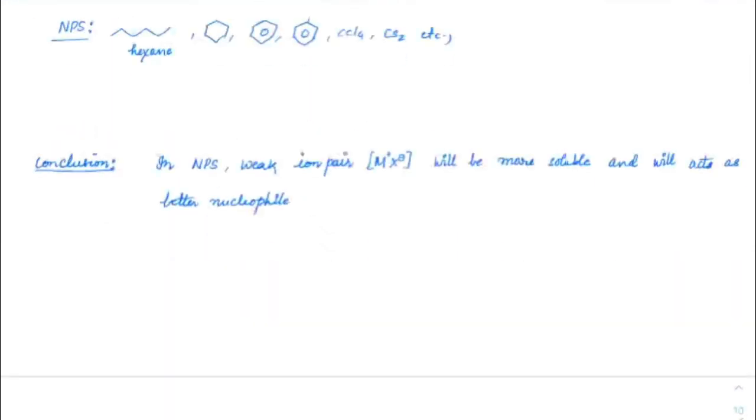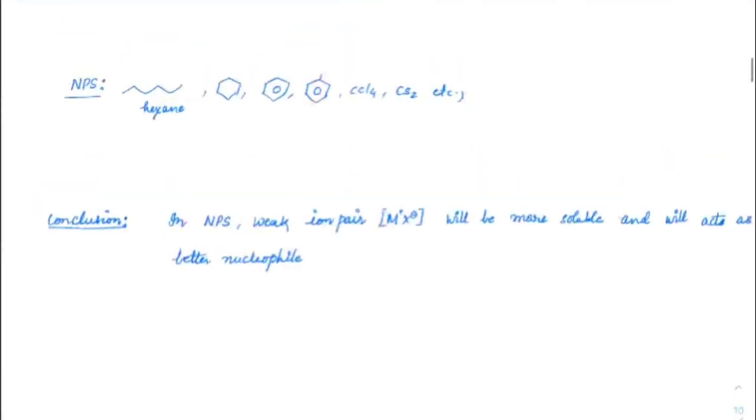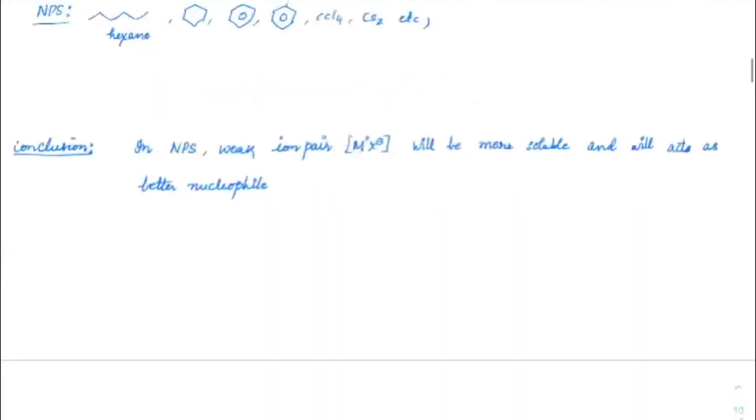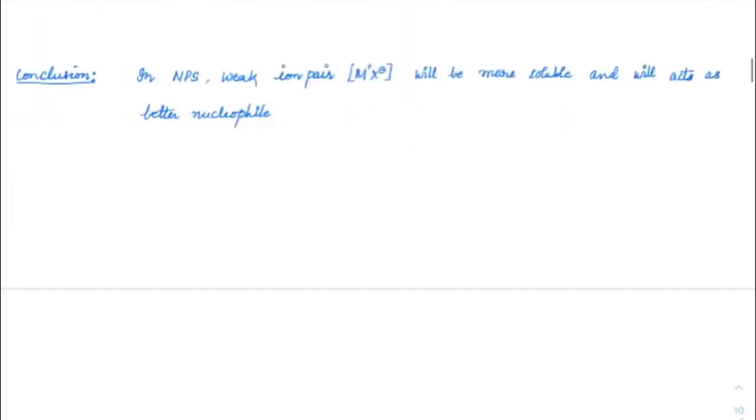But even though reactions might be slow, reactions might happen with slow rate. So what we can say is that in case of NPS, weak ion pair will make them more soluble, and that's how they can act like good nucleophiles. What does that mean?